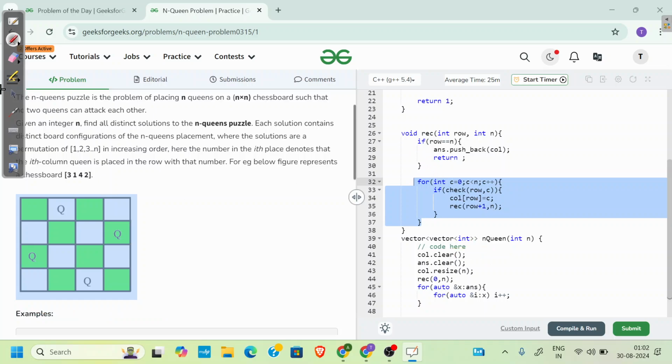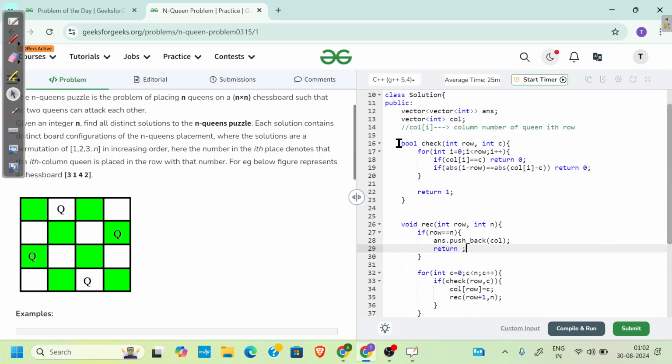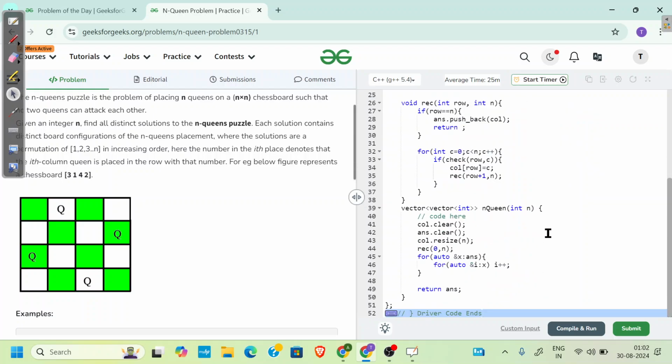And this is my check function. Here I go through all previous rows. If any previous row, from 0 to row minus 1, has the same column or they are diagonally attacking, then return 0. Otherwise return 1. So this is the way.